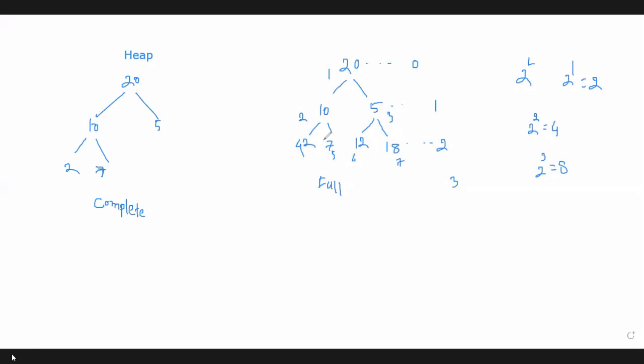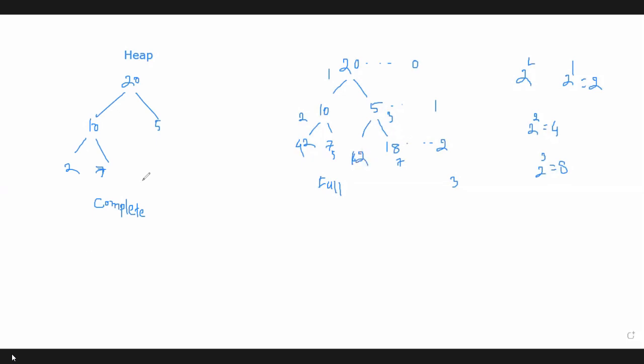Okay, and another property of a full binary tree or complete binary tree is that without adding a left child to a node, we can't add a right child. Suppose here, we can't add 18 before taking a left child. At first, we have to take a left child for 5, and then we can add a right child.